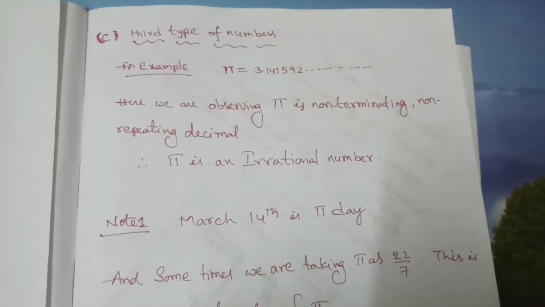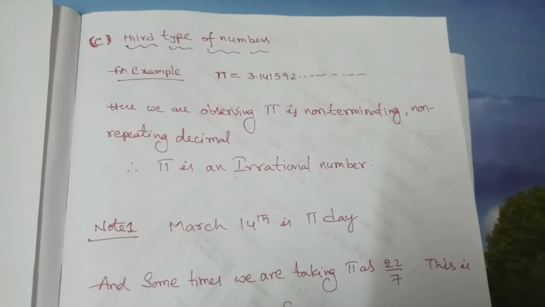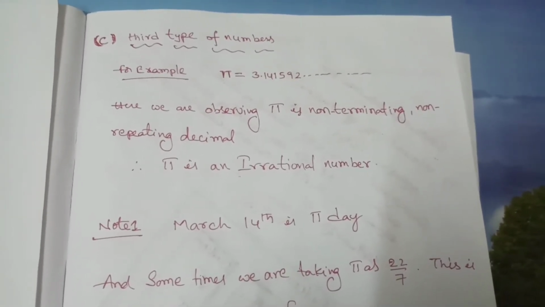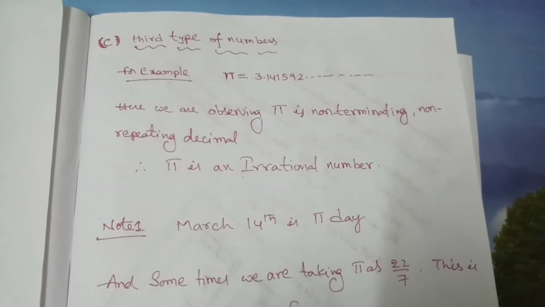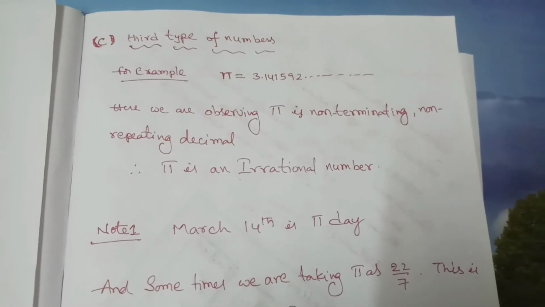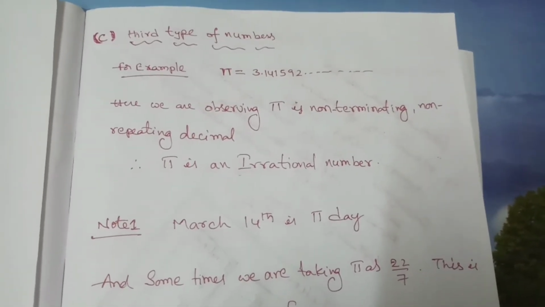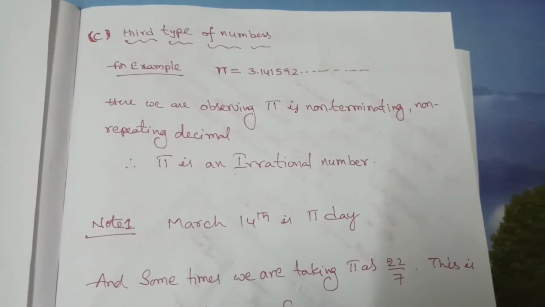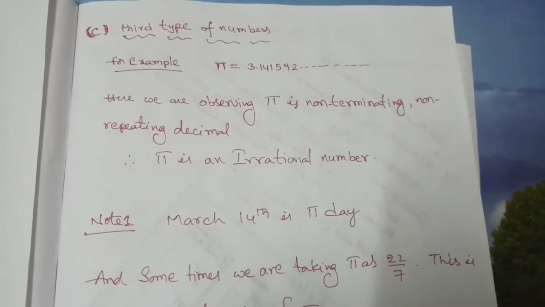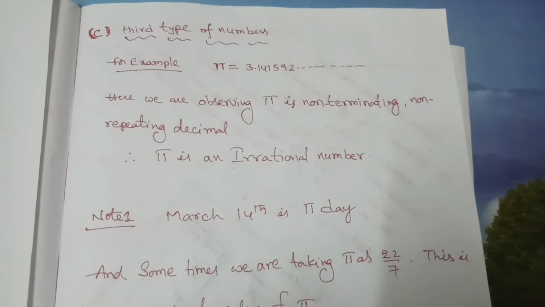For the third type of irrational numbers, I am taking one example, pi, where pi is equal to 3.141592 and so on. Here, the value of pi is non-terminating, non-repeating. So, pi is an irrational number. Note, March 14th is Pi Day.